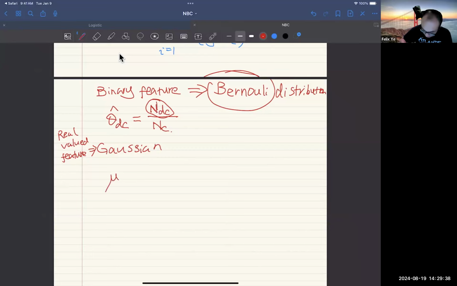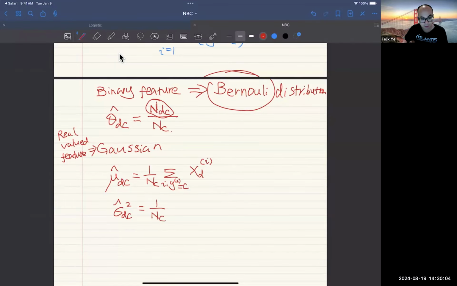This is mu dc hat, which is 1 over nc times the sum of xd of i conditional on yi equal to c, the empirical mean, and sigma dc squared is 1 over nc of the squared deviations, which is the empirical variance.